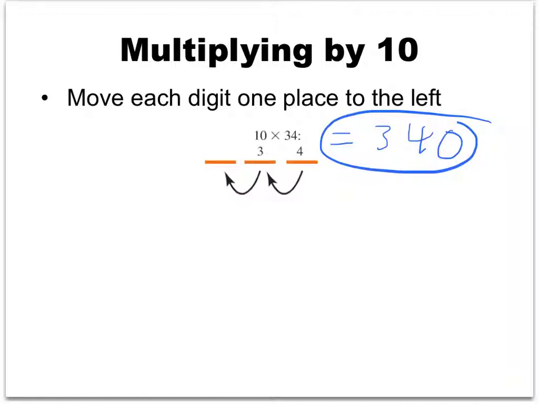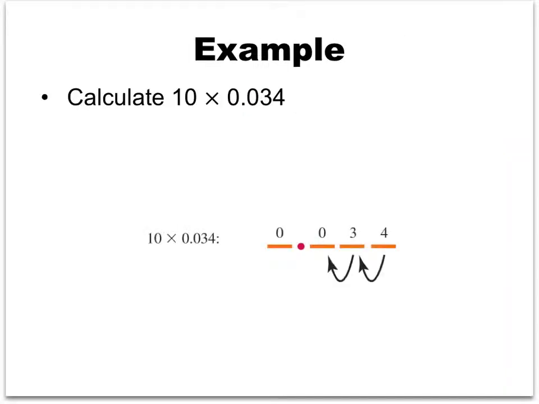Now, why might I describe it in this way rather than just say that we add a 0 to the end? Well, let's look at an example dealing with decimals. Calculate 10 times 0.034. Now, if I remember the rule by simply saying that we add a 0 to the end, then I would say that this equals 0.0340.